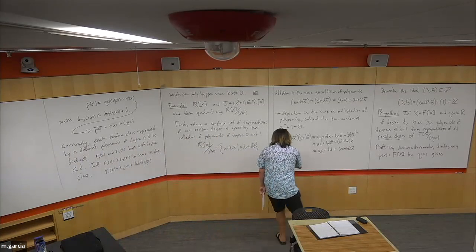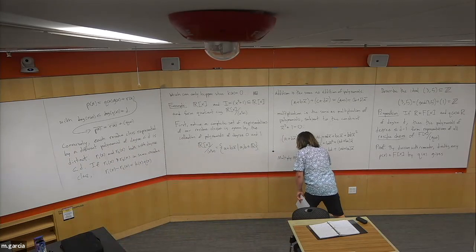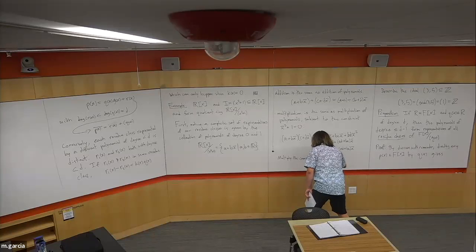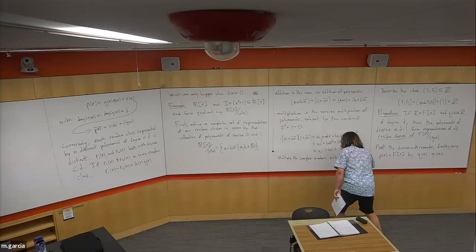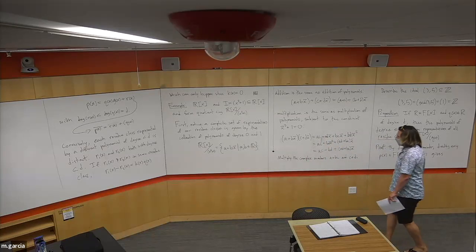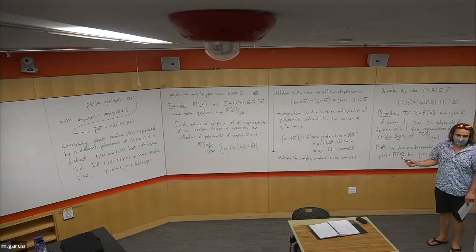Let me ask you a question, or ask you to make a calculation. Quickly do that calculation for me. Multiply these two complex numbers together. What do you get?